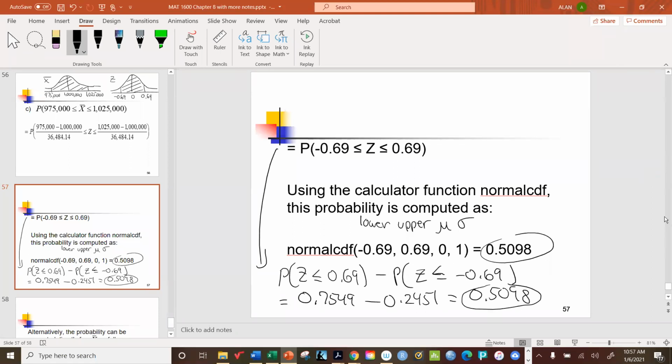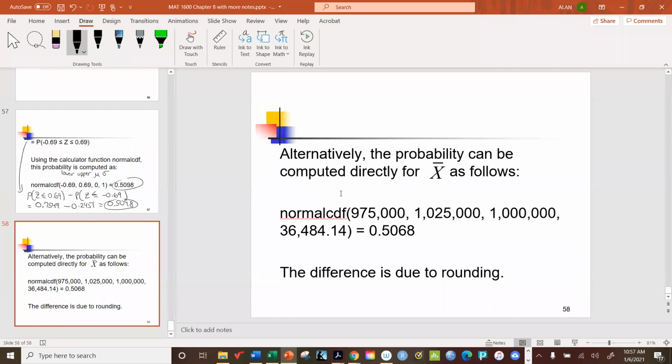All right, and of course, there's one more thing we could have done. Again, that means plugging the numbers that we started out with directly into this normal CDF function. Here's the lower, and this is the upper. And this time we do have a slight discrepancy.